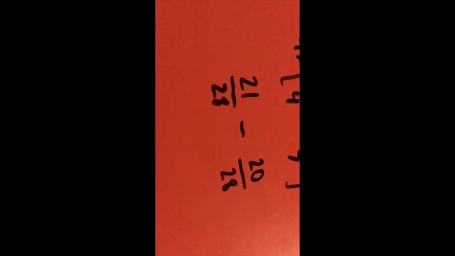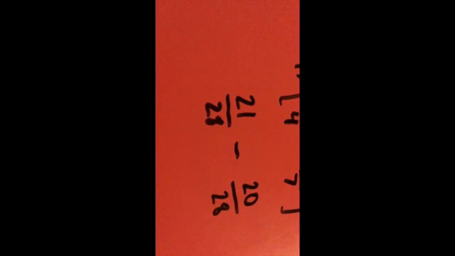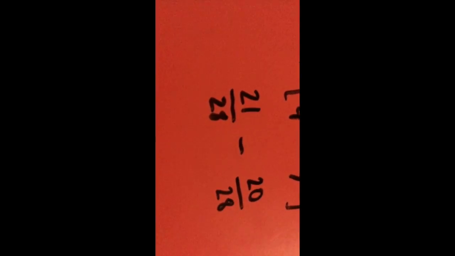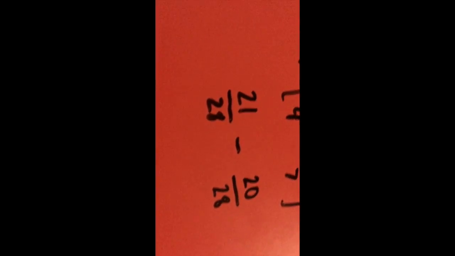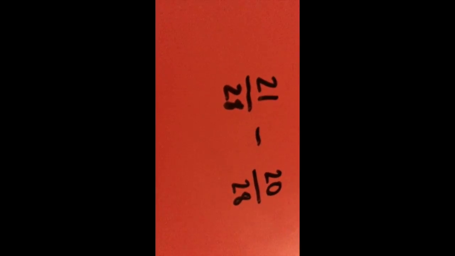No, because at this point it would turn into an integer problem, because the whole is still being cut into 28 pieces, but what we're trying to figure out is how many of those pieces we have left, right? So the numerator, what are we going to have left if we have 21 and we give 20 away? The whole was always still going to be cut into those 28 pieces, but the numerator can change because the amount someone takes out can vary.